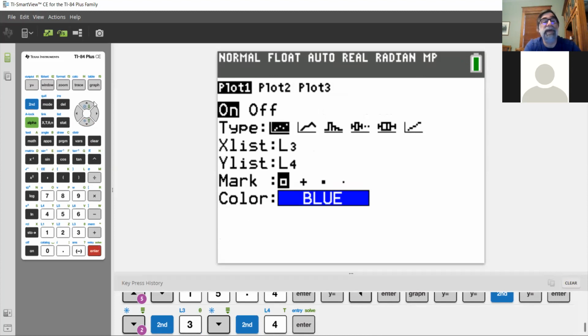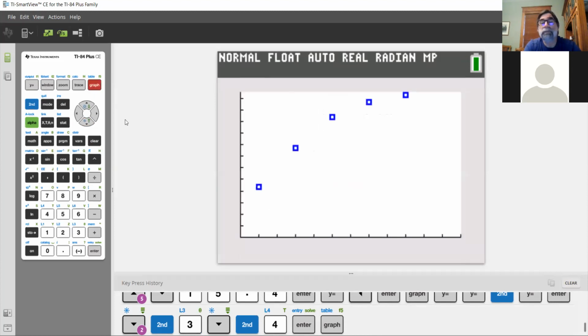Okay, so here's the scatter plot. It's going up, but you can see it's leveling off. So it's not a logarithmic function, because logarithmic functions don't have horizontal asymptotes.